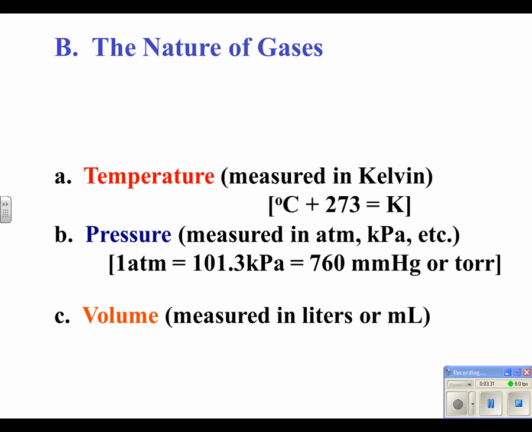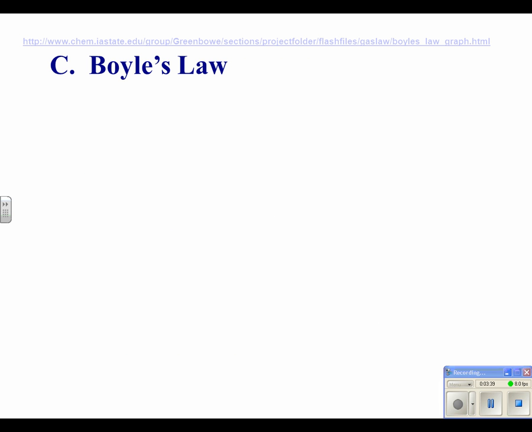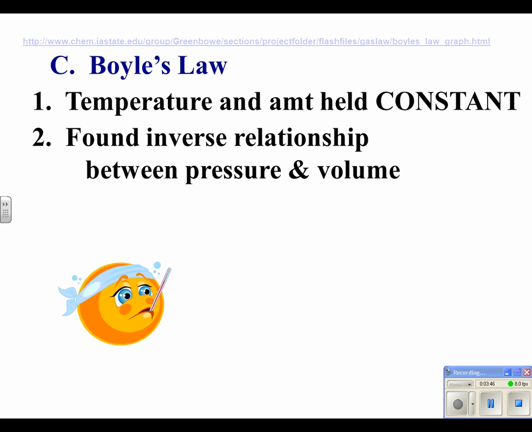Volume, you can measure in liters or milliliters. Typically, liters are better. And amount of gas is measured in moles. A guy by the name of Robert Boyle came along years ago and looked at the relationship between pressure and volume. Now, in order to look at the relationship between 2 of them, you have to keep the other 2 constant.